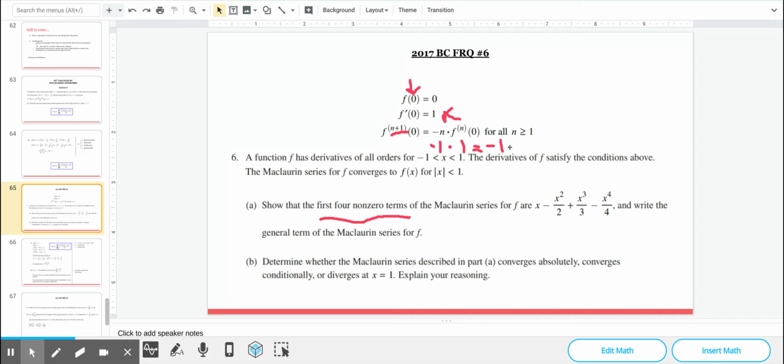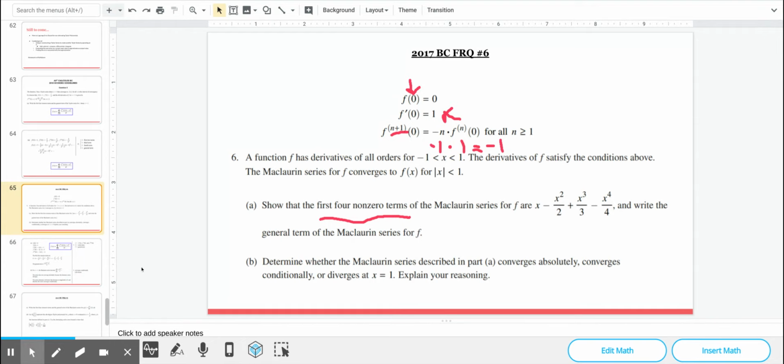And so negative 2 times negative 1 should be positive 2. So that should be the third derivative at 0. And then you'd have to plug in n equals 3 to get the fourth derivative. So negative 3 times the third derivative, which we just said was positive 2, should equal negative 6.